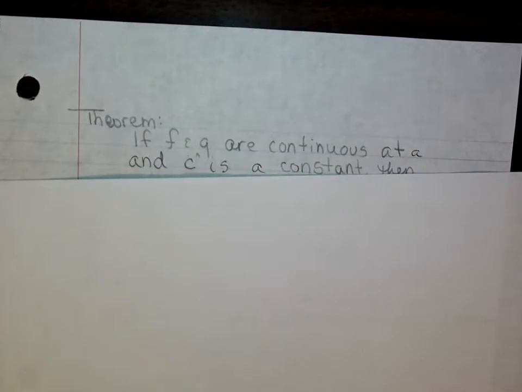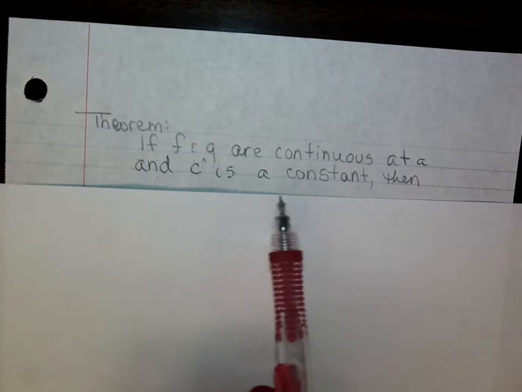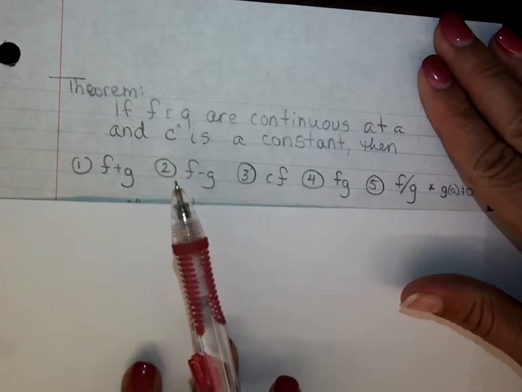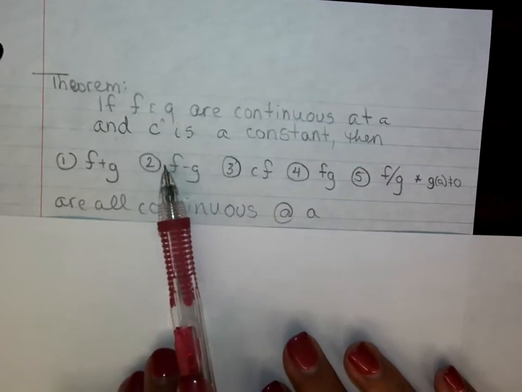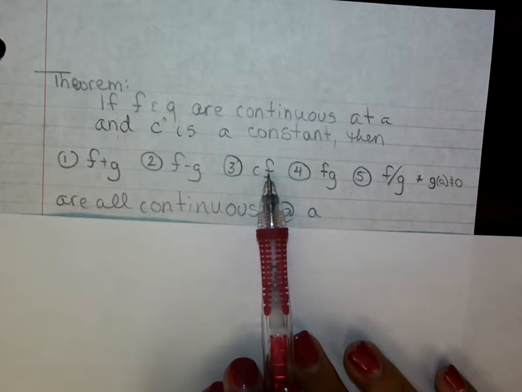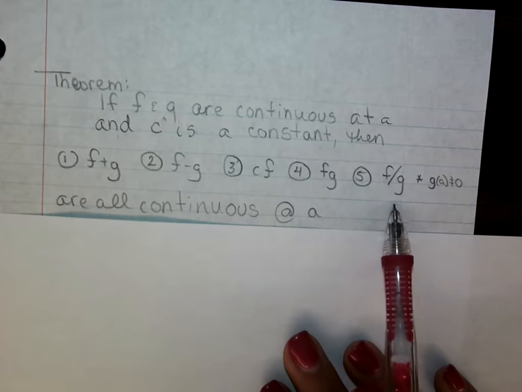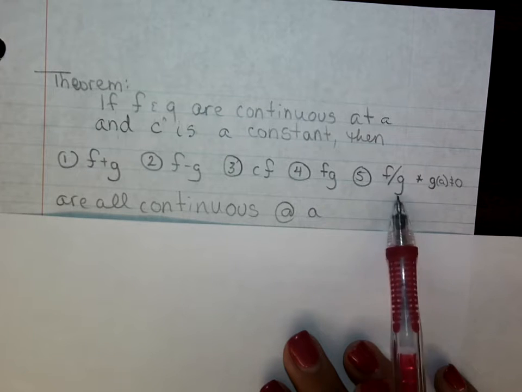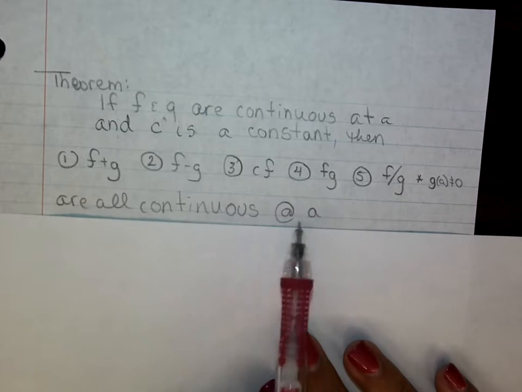We have another theorem we want to look at. And this theorem says if f and g are continuous at a and c is a constant, then we could say the function f plus the function g, or the function f minus the function g, or a constant times the function f, or the functions multiplied together, or the functions divided, where g of a is not equal to 0, are all continuous at a.